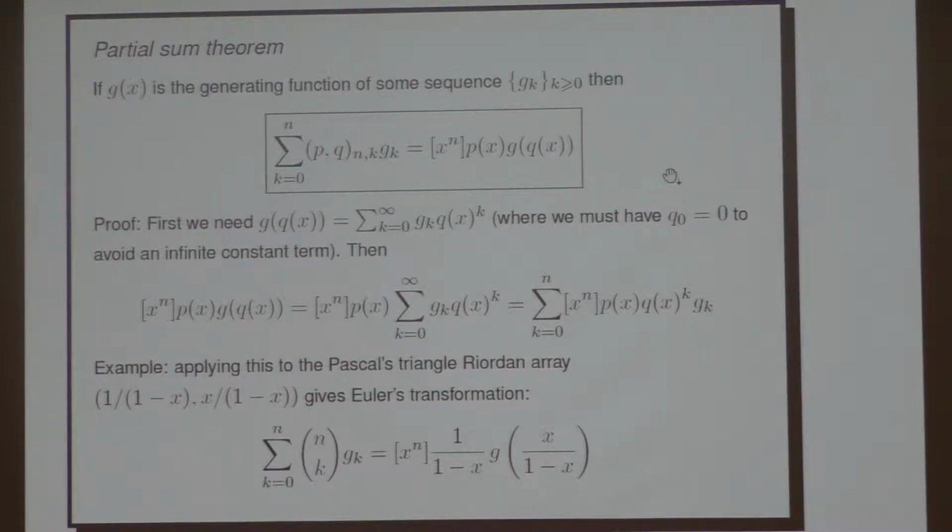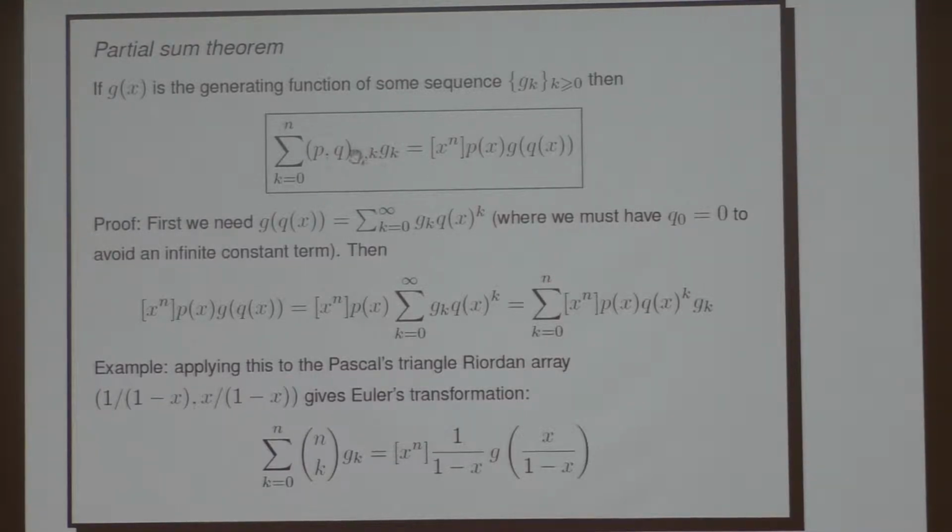So now we come on to why Riordan arrays are useful. This is probably the most useful theorem, and it allows you to generate a huge number of identities. Basically, g of x is a generating function for some sequence, and it could be any sequence you like on the OEIS which has a generating function.